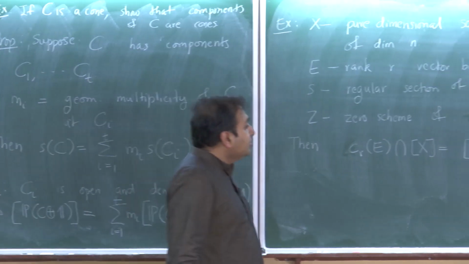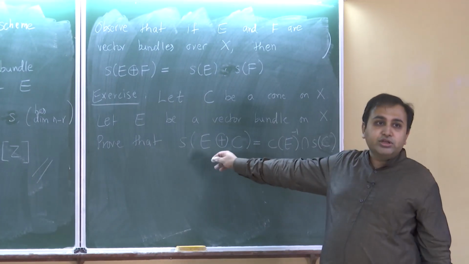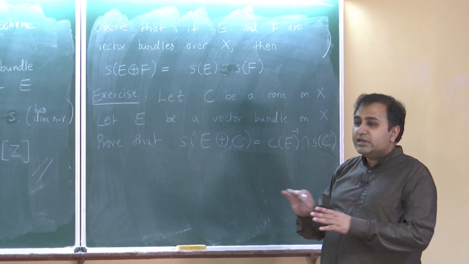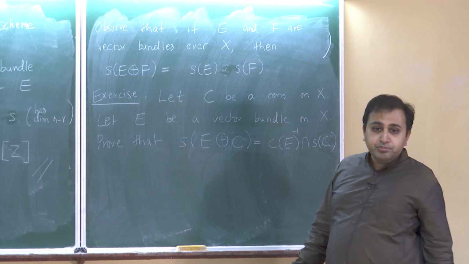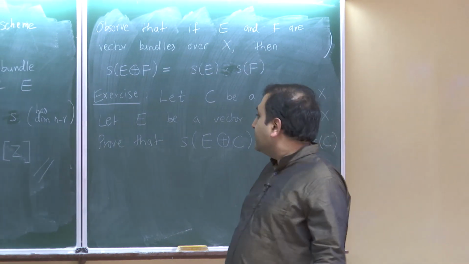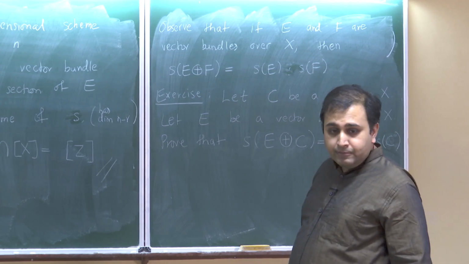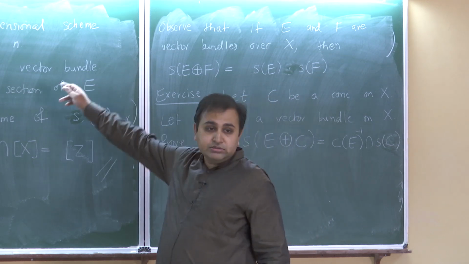Yeah, so let me explain why. This is something that Fulton has worked out in an example, but he leaves out one crucial detail, which I think we could think about. See, the thing is, c_r of E, where r is the rank.